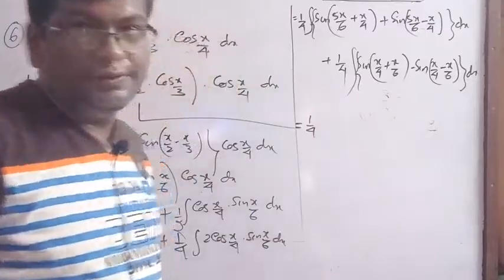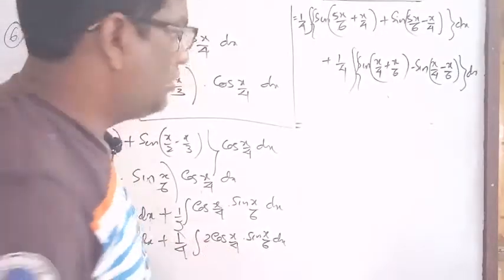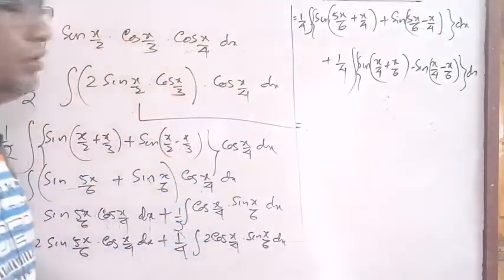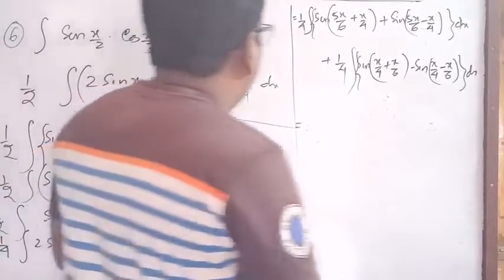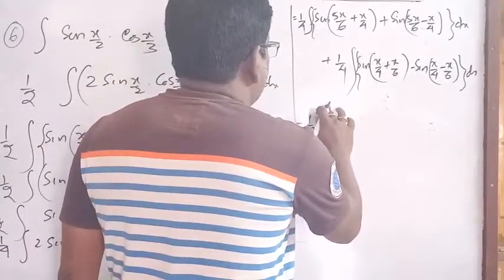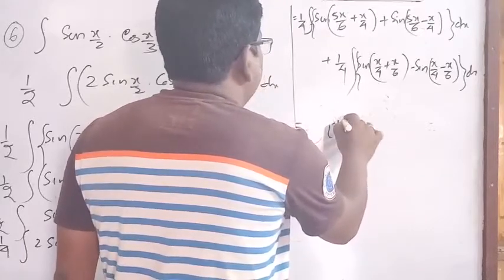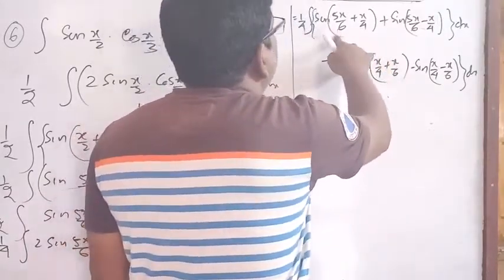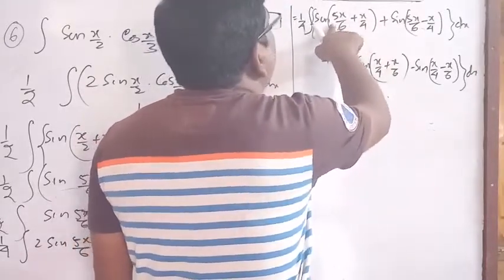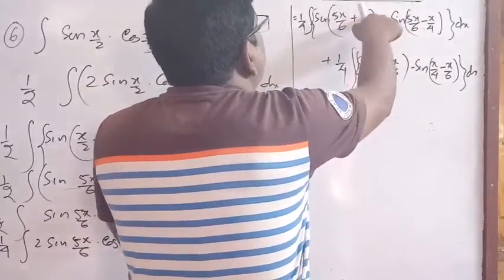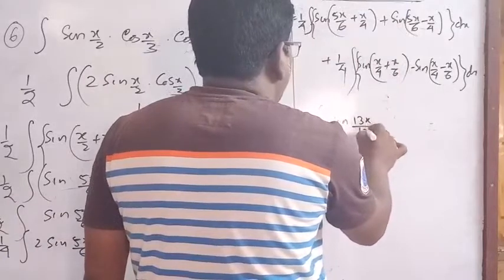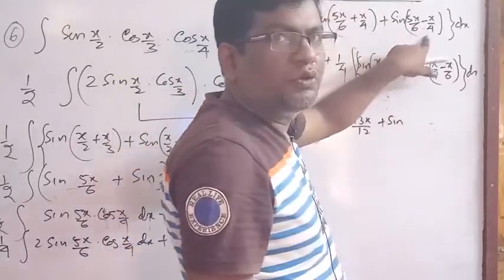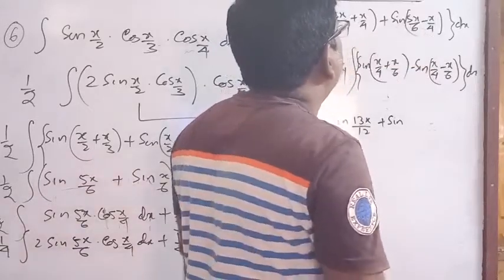So here 1 by 4 integration of sin of LCM 12: 10x plus 3x, 13x by 12, plus sin of LCM 12: 10x minus 3x, 7x by 12.